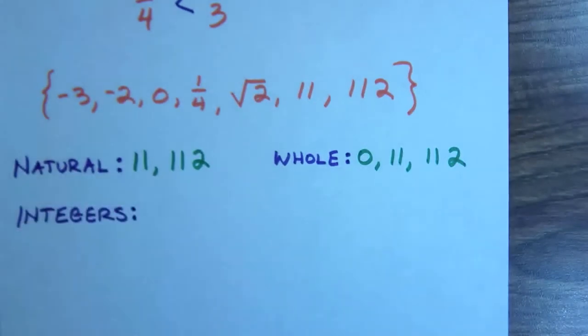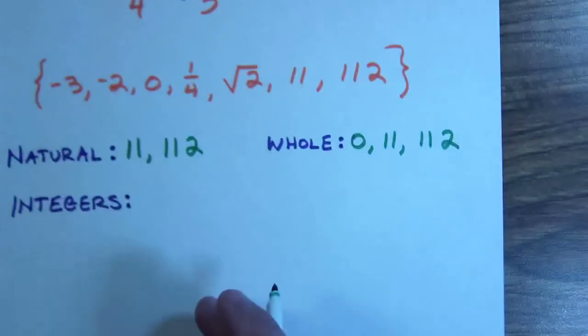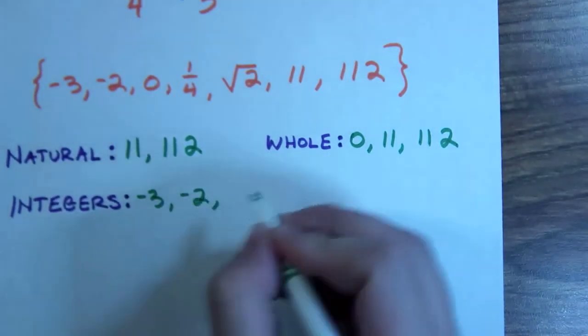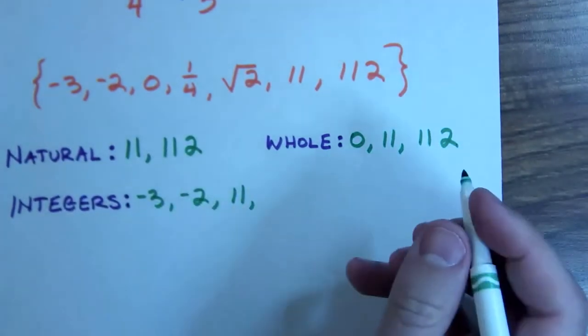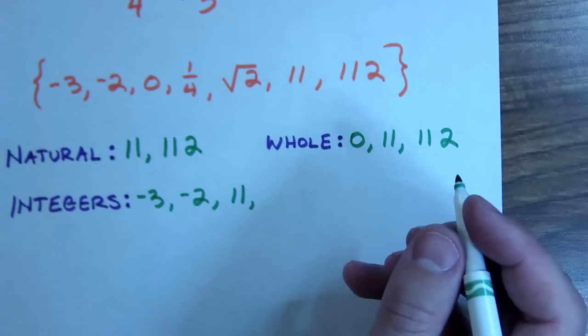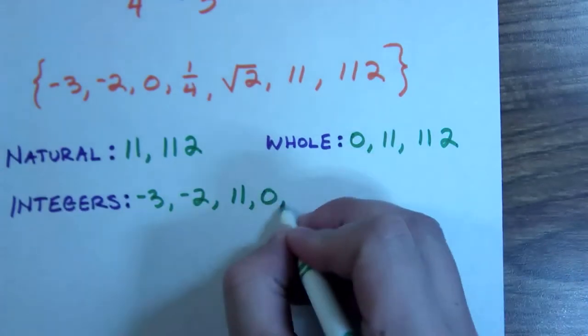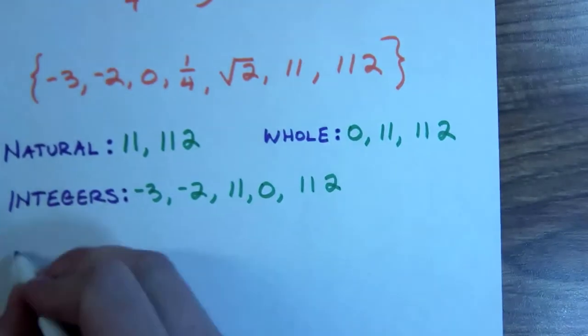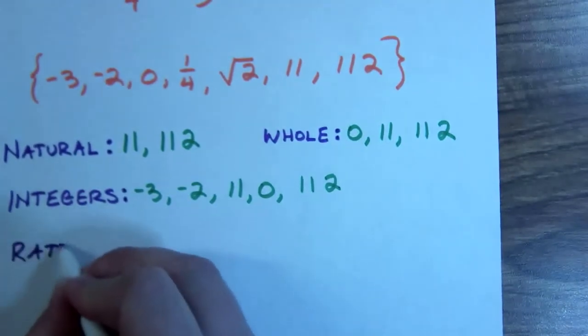Which ones are the integers? Zero, 112. Good. Okay, good. Which ones are the rationals?